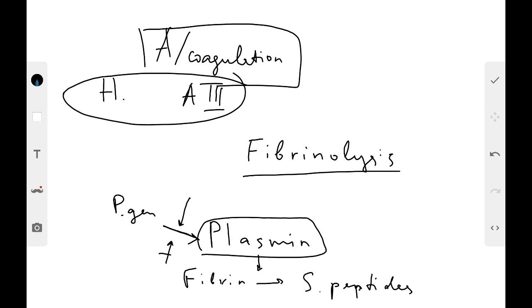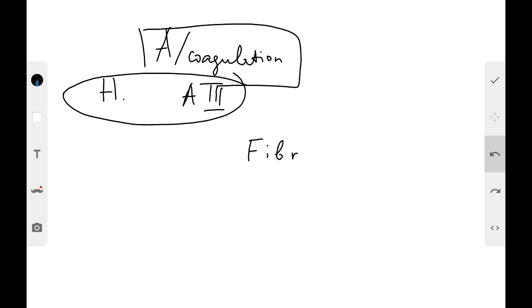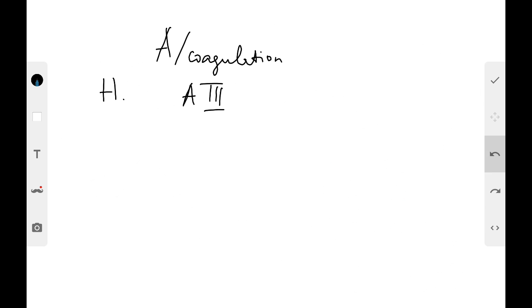We have also special drugs in clinical practice that may facilitate or inhibit this conversion and may produce an effect upon fibrinolysis.